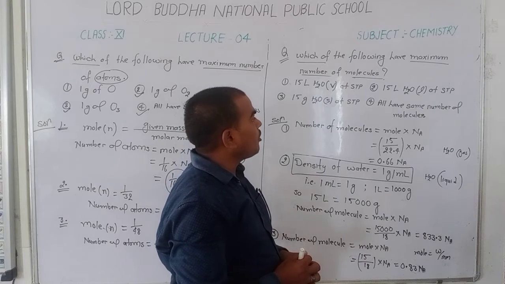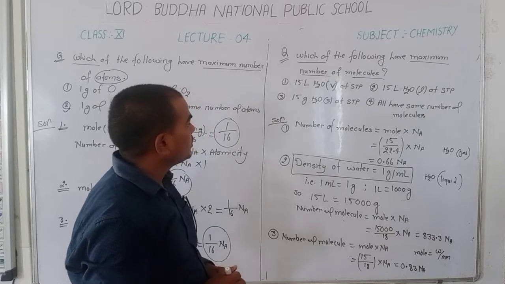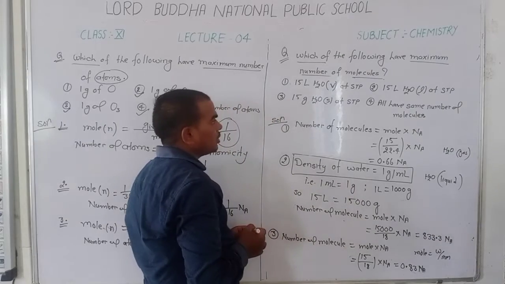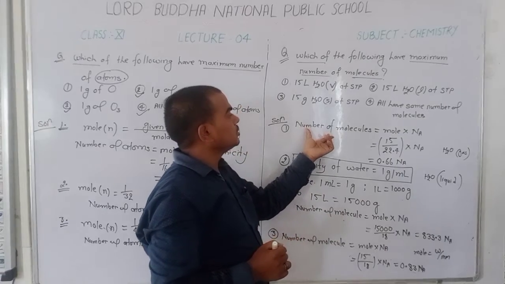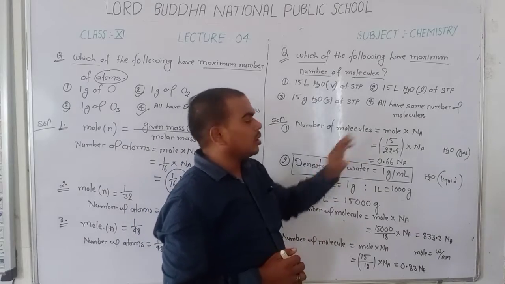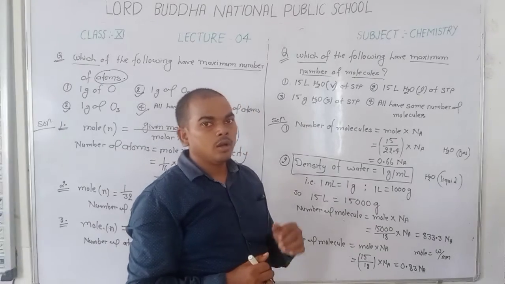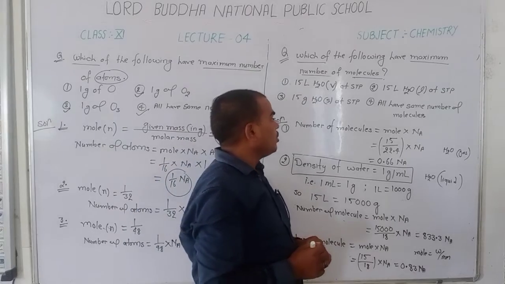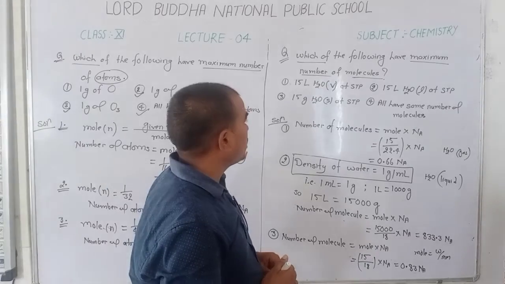Before selecting an option, first we calculate all the given options. First option, 15 liter H2O as a vapor. The formula is number of molecules equal to mole into N. For calculating mole, put the value given in the question, 15 liter.